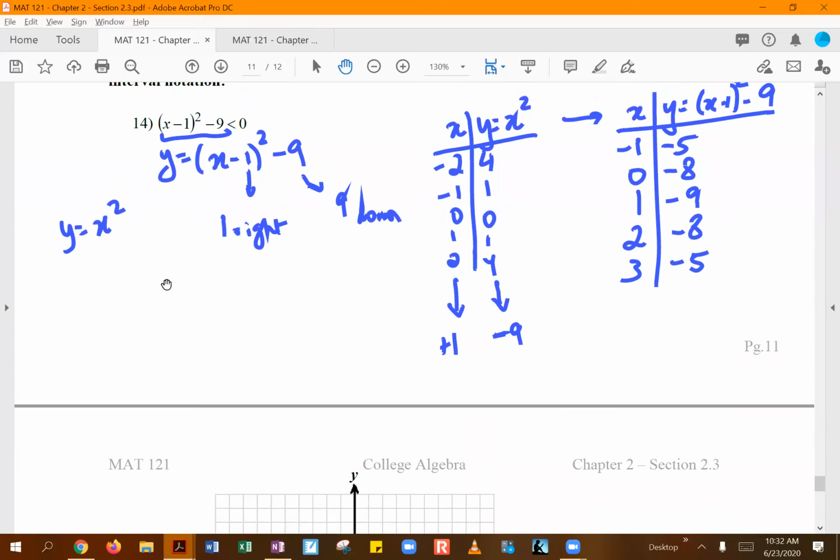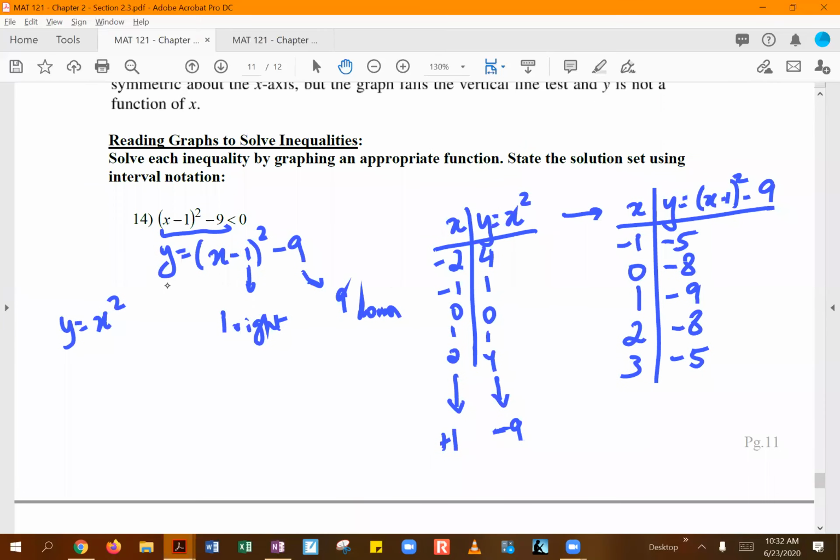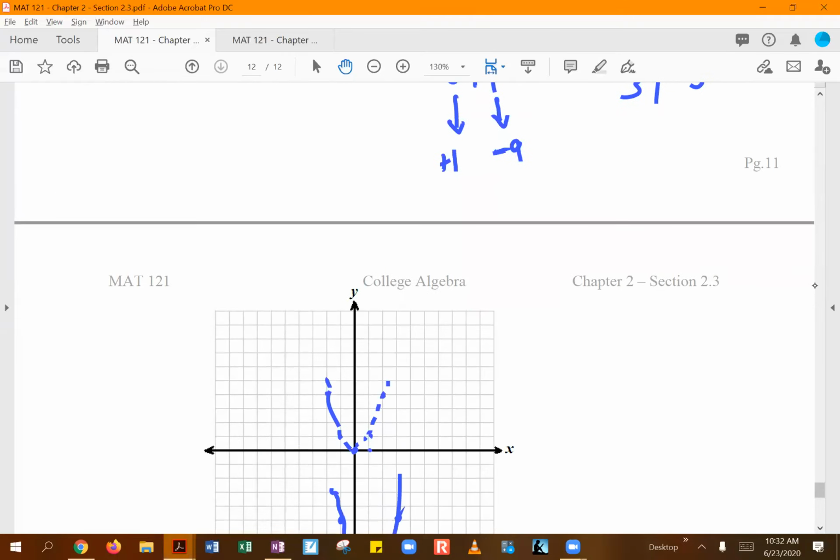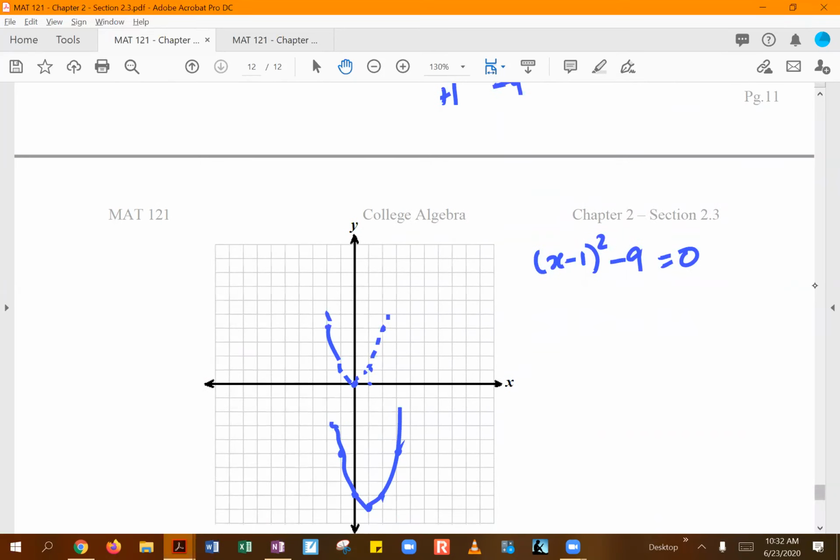Remember, to find your x-intercepts, you need to set your y equal to 0. So in this equation, x minus 1 quantity squared minus 9 set equal to y, go ahead and set that equal to 0. So x minus 1 squared minus 9 equals 0, and we can find what our x-intercepts are going to be.